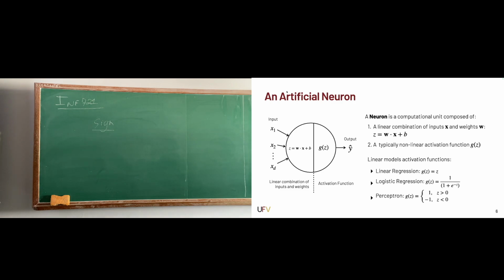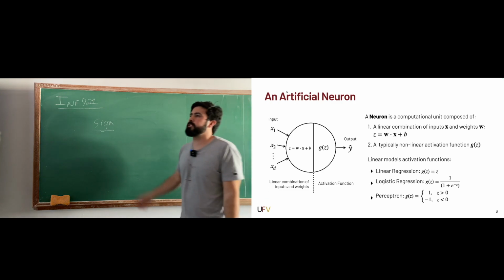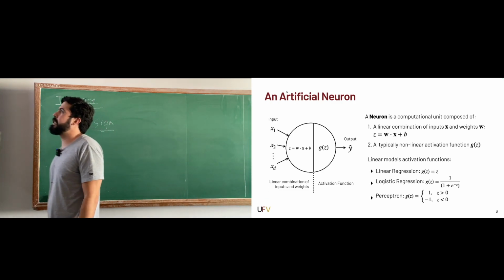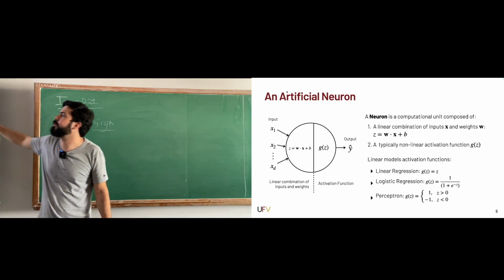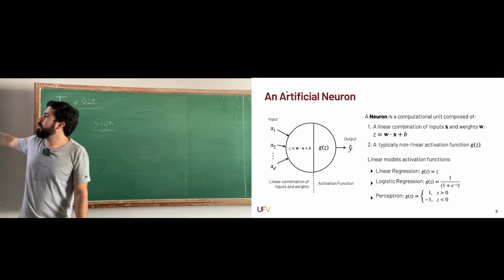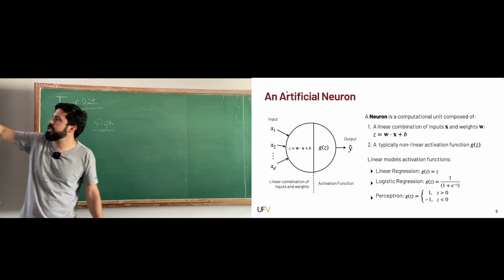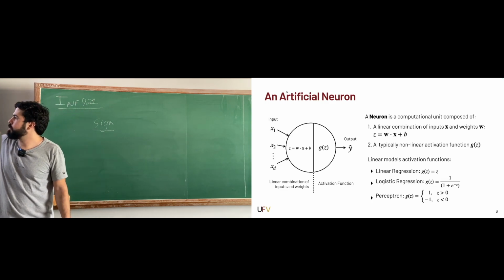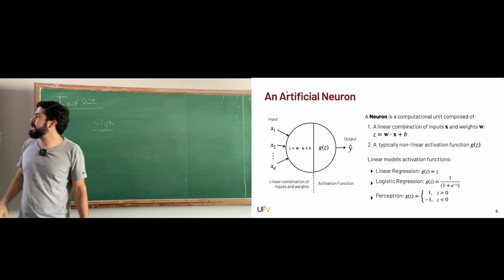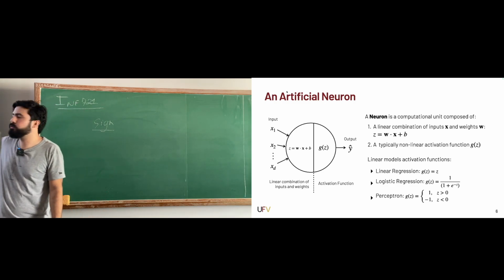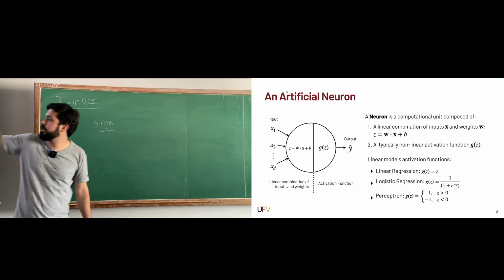And here's an example of how we could fit this idea of neuron to our linear models so far. If you take that neuron and change g to an identity function, g of z equal to z, you get linear regression.